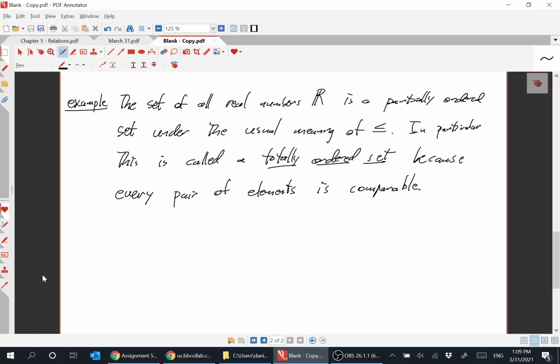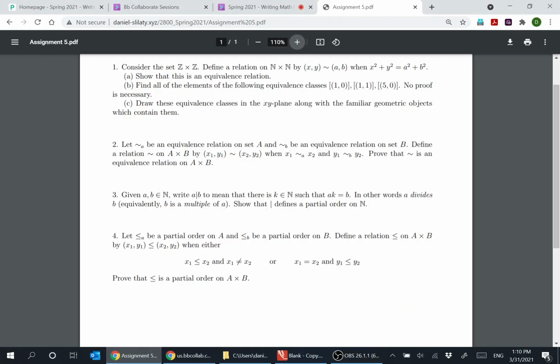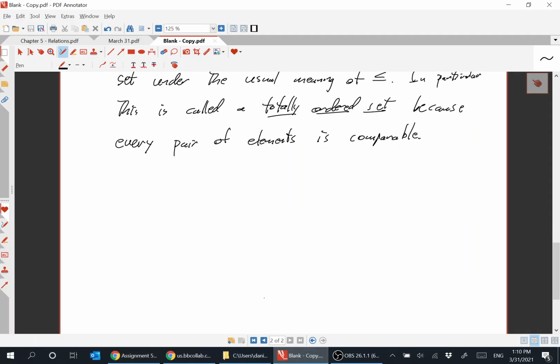So the usual meaning of that less than or equal to symbol gives you a partial order or a total order. But you can use it in different ways to make new kinds of orderings.